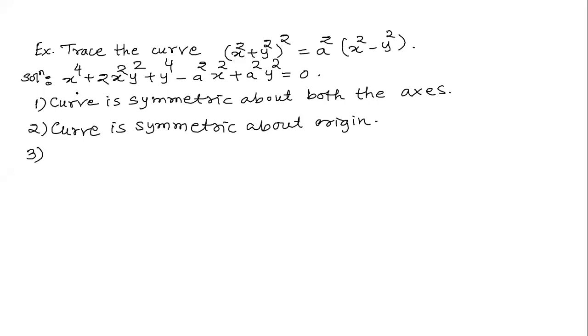In every term we see there is either x or y, so property 5 is also satisfied. No constant term, the curve passes through the origin.